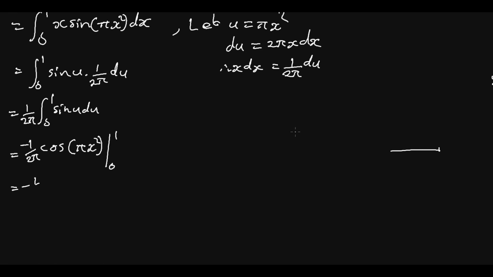So we have minus 1 over 2 pi, cos pi minus cos 0. So this is equal to minus 1 over 2 pi. What are we getting here? We are getting a minus 2 from inside here. So therefore the final answer is 1 over pi, so 1 over pi unit cubed for the volume.